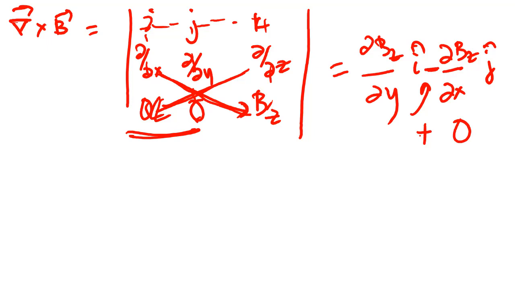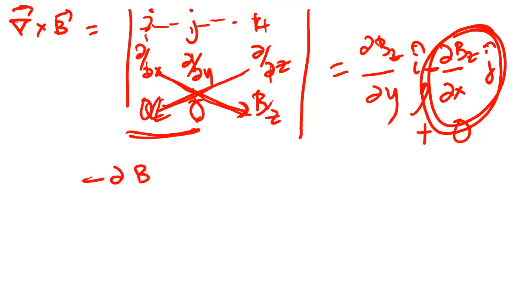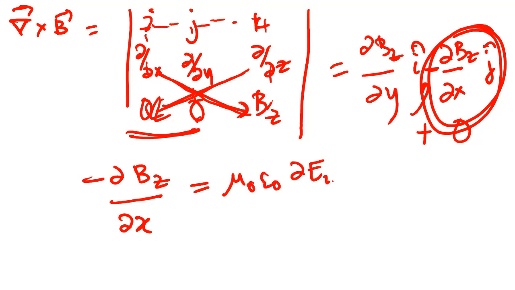And again, we have chosen to look at only the electric field along the y-axis and magnetic field along the z-axis. So our curl B, which is minus dou Bz by dou x, is essentially equal to mu naught epsilon naught dou Ey by dou t.